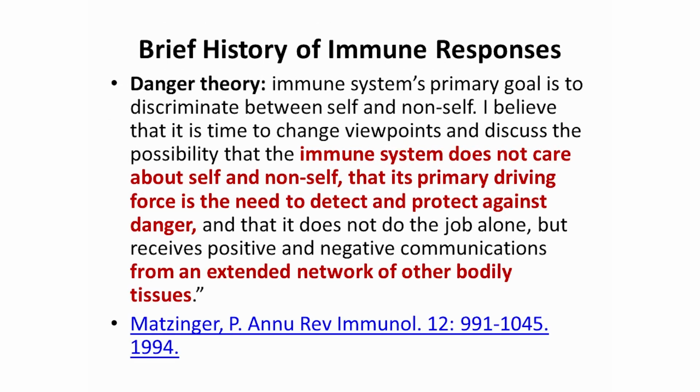And lastly, this is the latest happening, we can say, in 1994. This was the first publication, and the last publication of this series came in 2000. That is by Matzinger, and what she proposed was the danger theory.